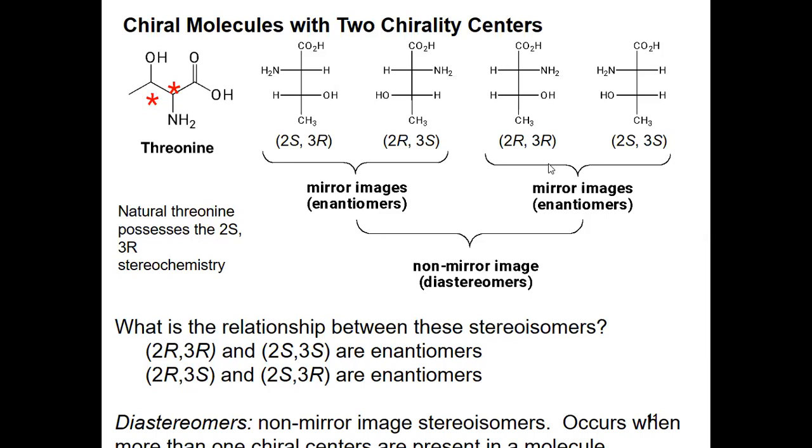Okay, so they are stereoisomers that are not mirror images of each other. So diastereomers are non-mirror image stereoisomers, and this occurs when you have more than one chiral center.